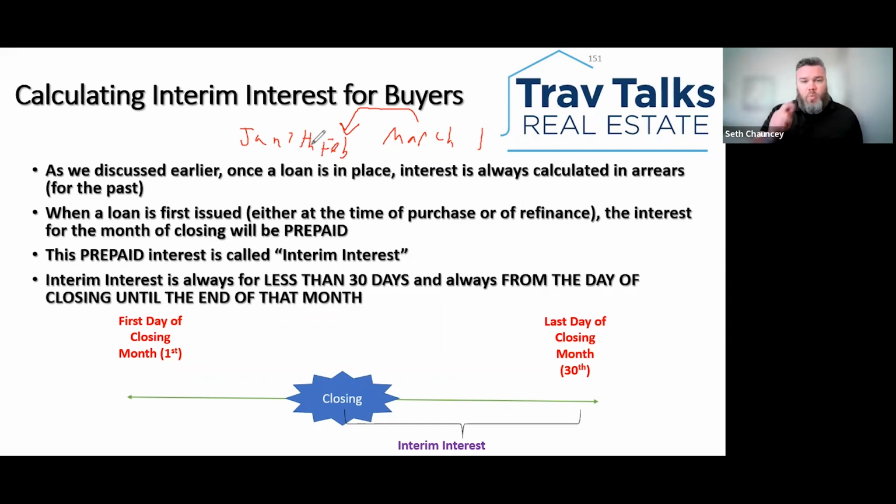And so if you were to make one payment different, all the rest of them the same, it would totally screw up the way that amortization is supposed to work. And so as opposed to doing that, they just say, well, let's just pay it at closing. So interim interest is called prepaid interest, because you are prepaying. It normally wouldn't have been due until later, because it's paid in arrears.